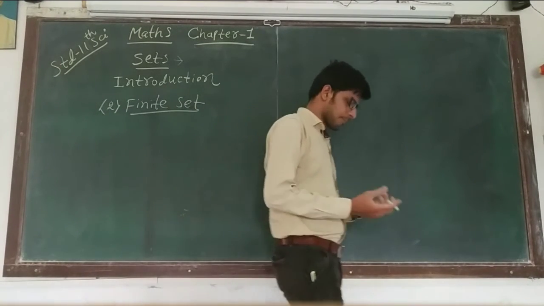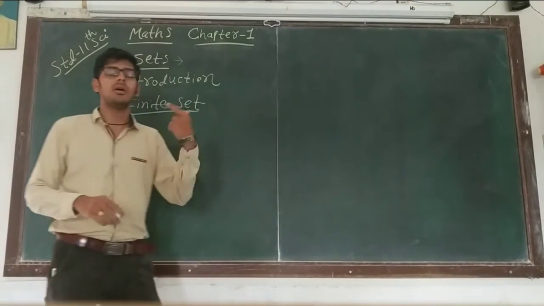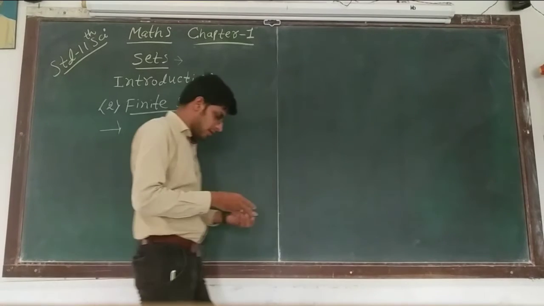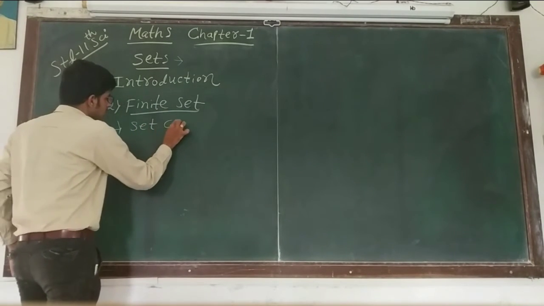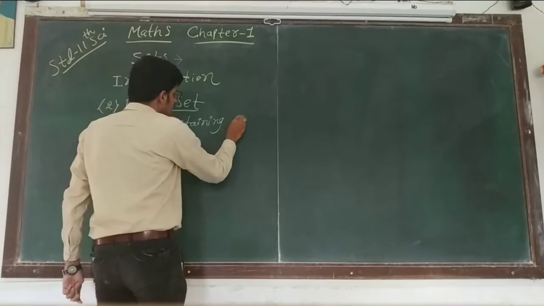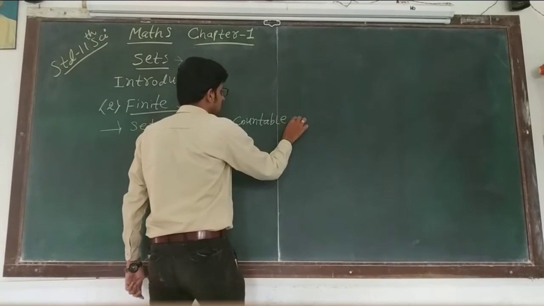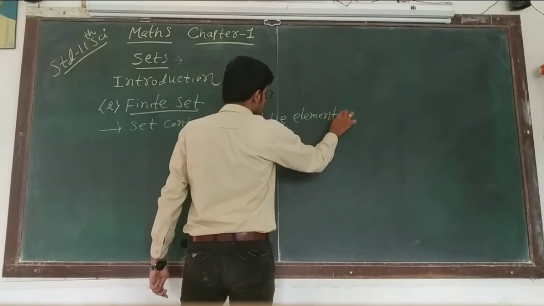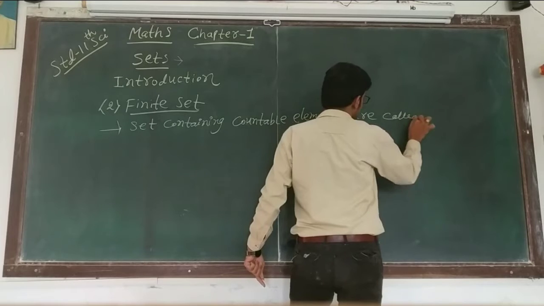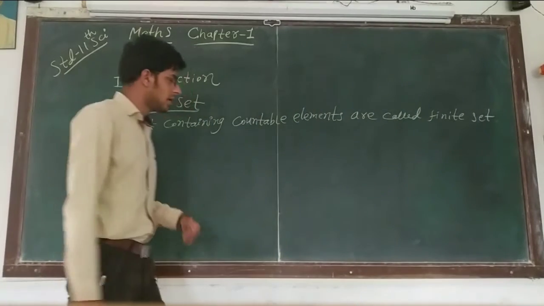I am writing here: a set containing countable elements is called a finite set. Is it clear? Okay, I am writing one example.